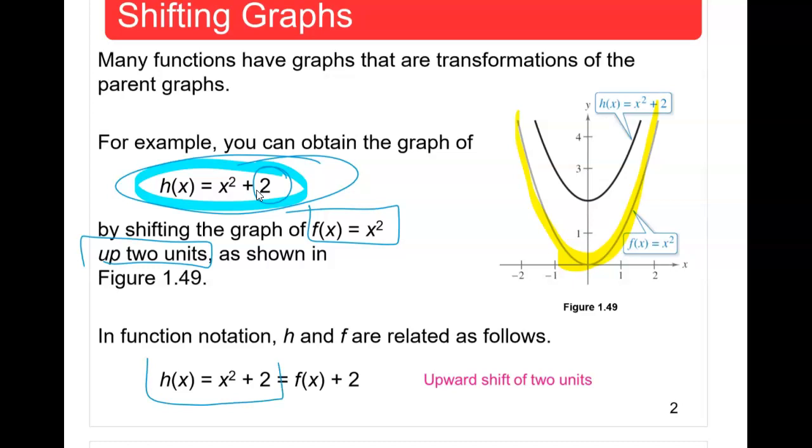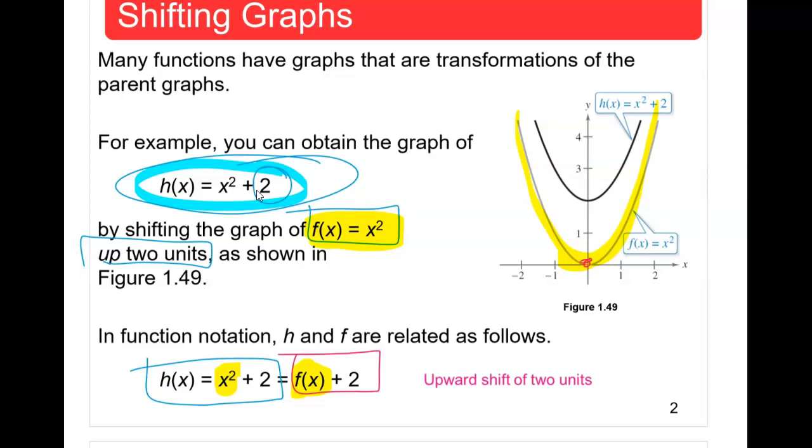So if we want to rewrite the equation, we actually have it down here. We know that this part right here is the parent function, so we're just replacing the x squared with the name of the function, which in this case is f of x. We could generalize that vertical translation as having the parent function and then adding 2 units. What's happening is that the 2 units are added to the y coordinate of every single point.